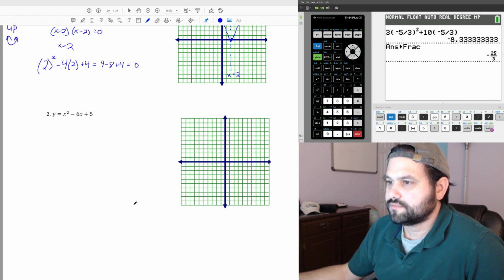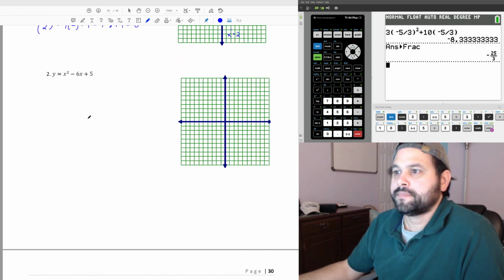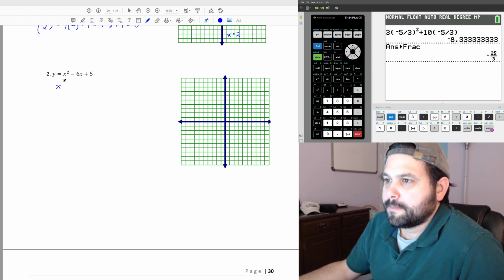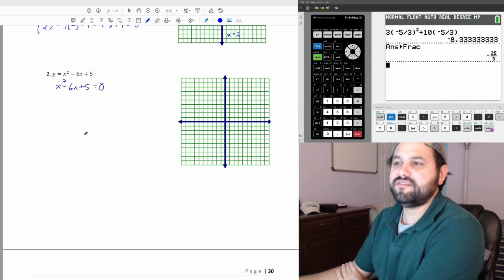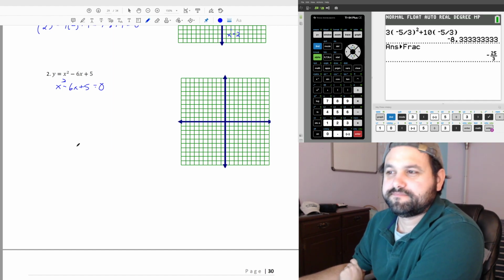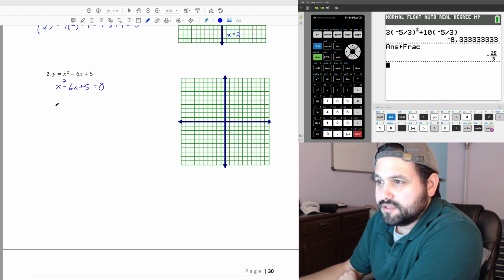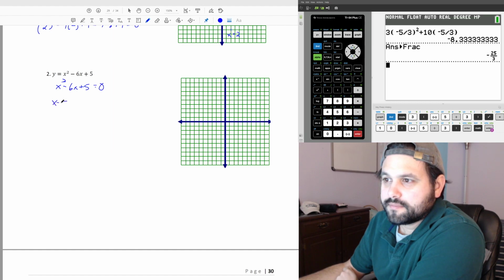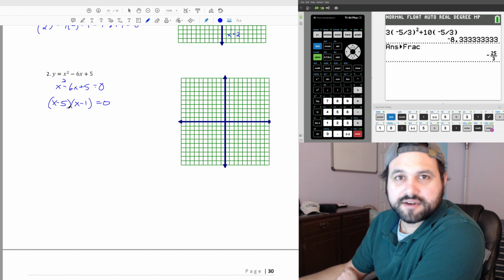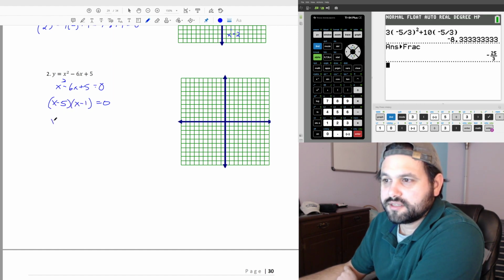Let's take a look at 2. So let's see, x squared minus 6x plus 5 equals 0. Can we factor this? Are there numbers that multiply to 5 and add to make negative 6? I believe negative 5 and negative 1 would work. Okay, so that means using the idea of factored form and solution form, x equals positive 5 and x equals positive 1.